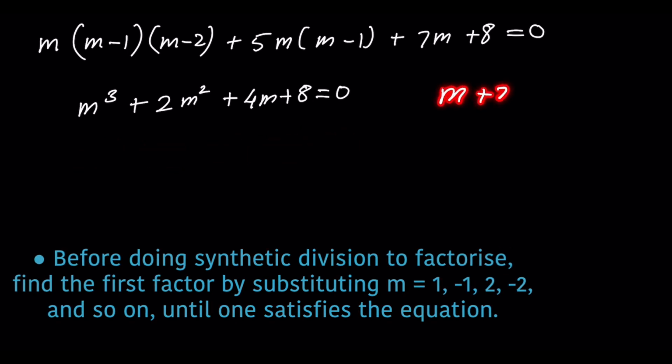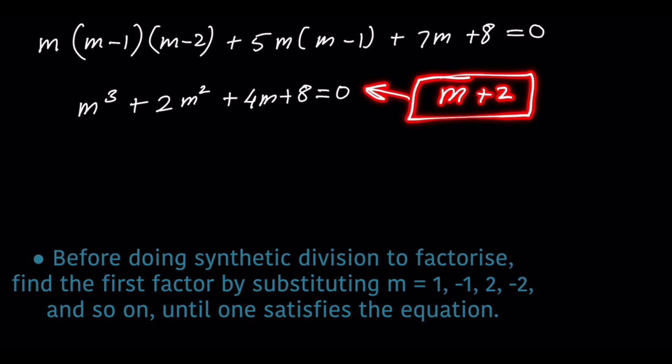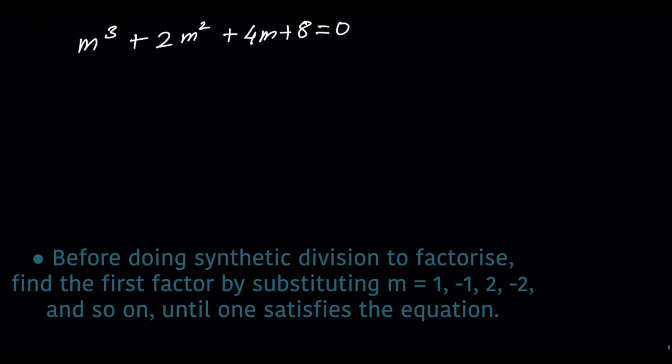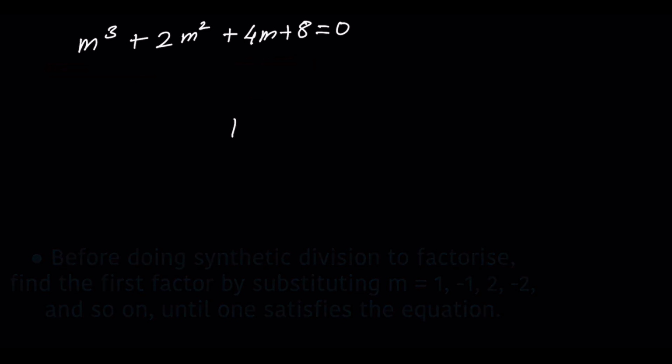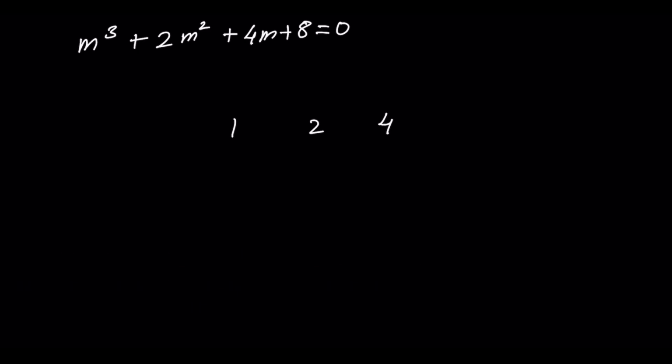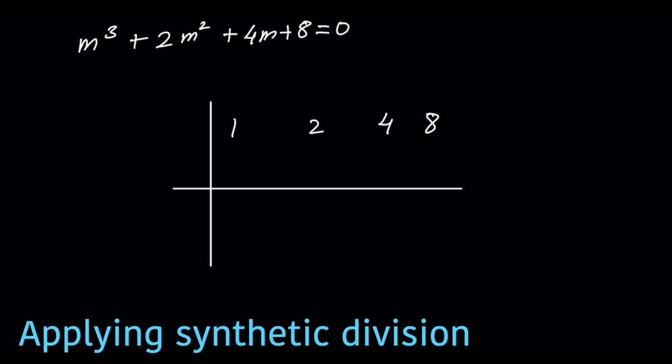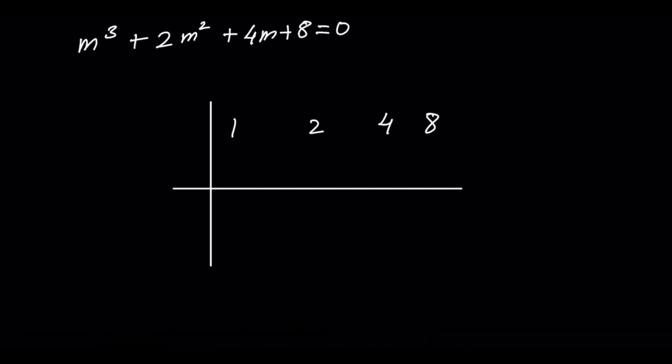So m plus 2 is indeed a factor of this equation. Let's apply synthetic division. We're going to be writing the coefficients of this cubic expression here, and then apply the synthetic division like this. We're going to be writing the first root here, which was found out to be m is equal to -2.